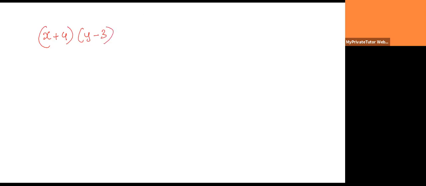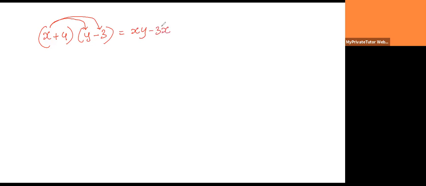How do you expand or distribute here? You're going to multiply x and y first, then x and minus 3. So x times y is xy. Then x times minus 3 is minus 3x, right?